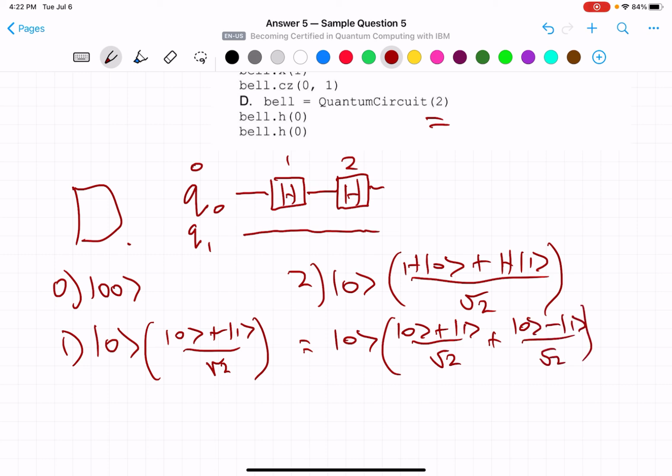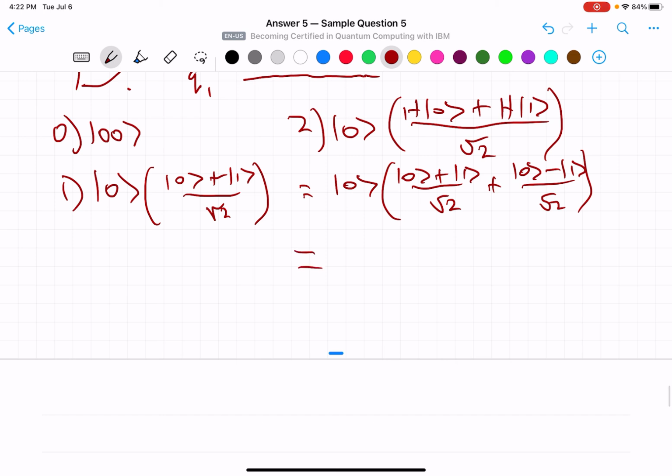And so that relative phase will cause interference with the other phase, and causes the coefficients of the 0 state to combine. That's a 1, not a square root.